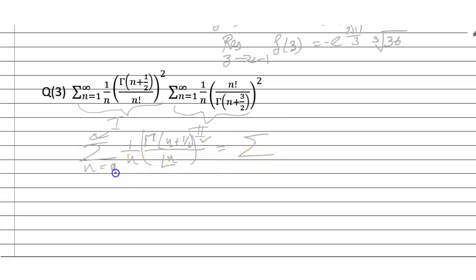It can be written as summation n equals 0 to infinity, 1 by n plus 1, gamma square n plus 3 by 2, into gamma square n plus 2.